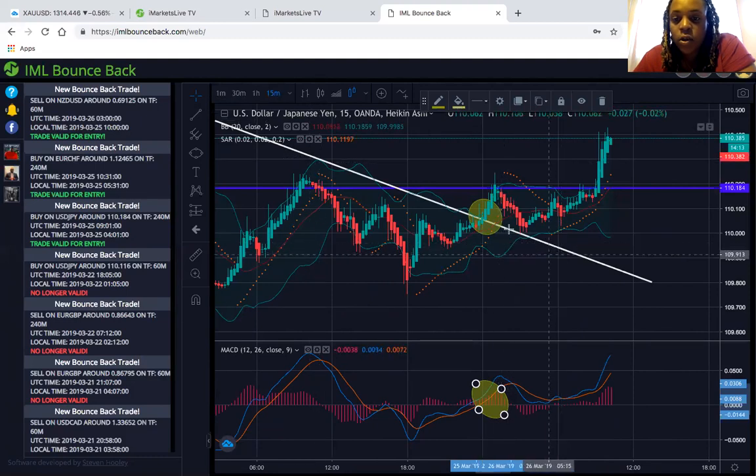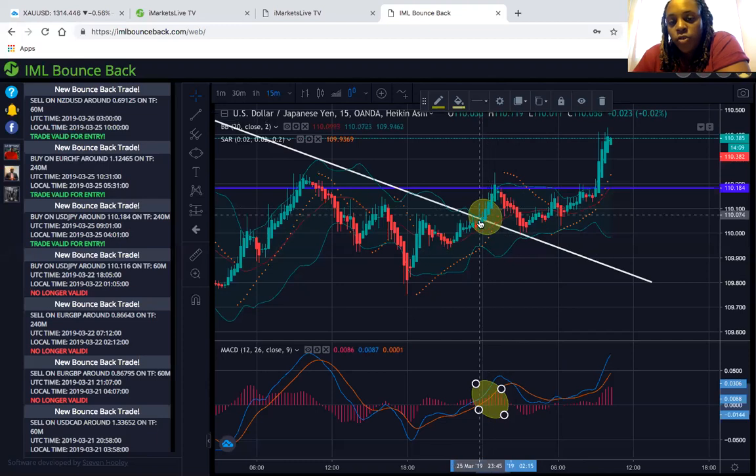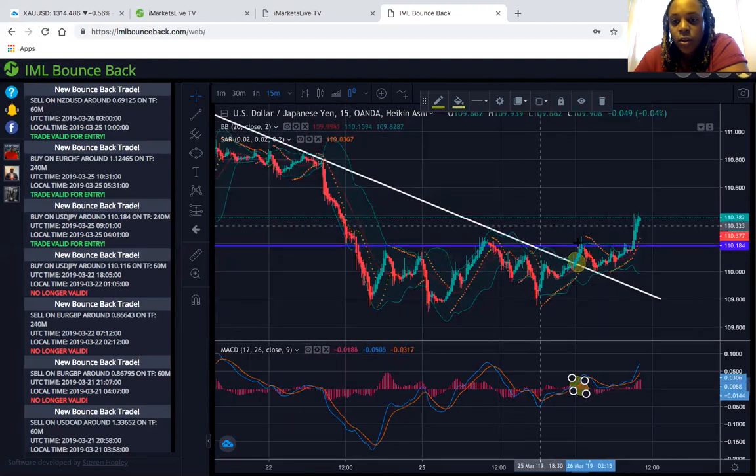Now, the reason why I said that is because when the trade breaks a trend line, please do not expect that it's just going to go all the way up all the time, right? Now, if it is a true trend line, if it is a trend line that needs to be respected, then look for a price to break and retest your trend line.